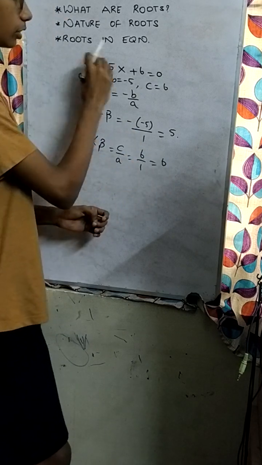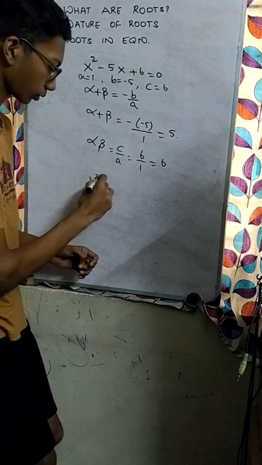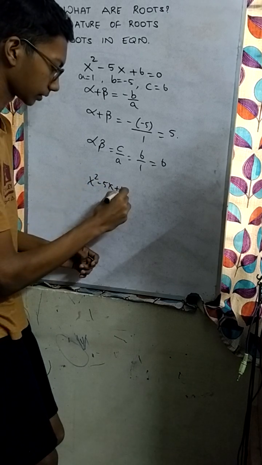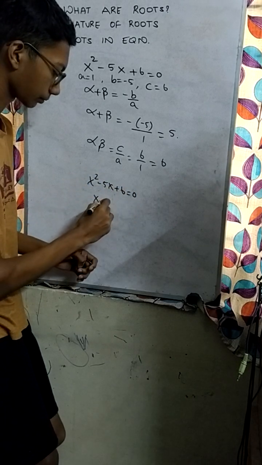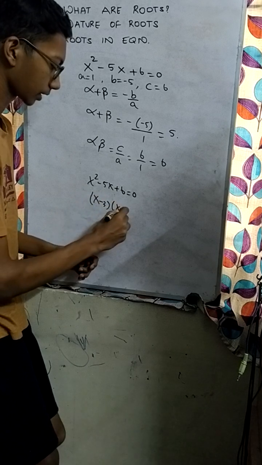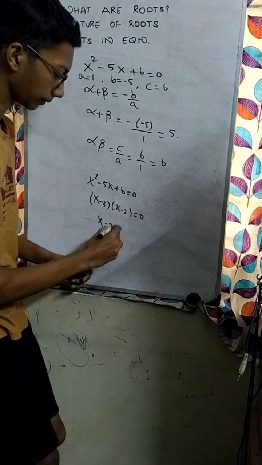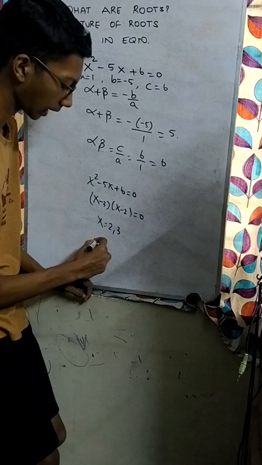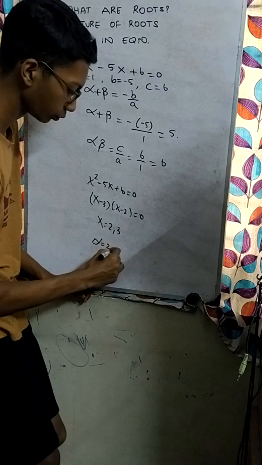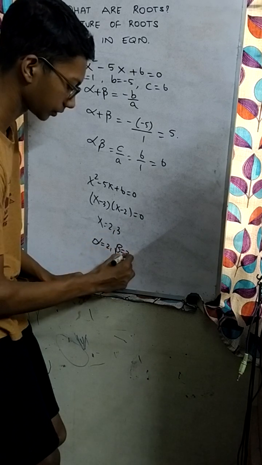Now let's solve this equation. x square minus 5x plus 6 equals 0. x minus 3 times x minus 2 equals 0. x equals 2 and 3. That is, let's say alpha equals 2 and beta equals 3.